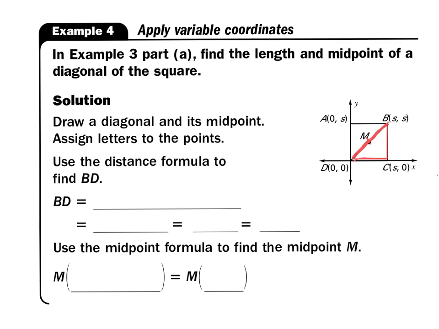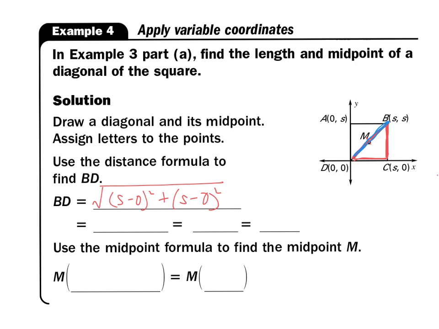So if you recall, if I use the distance formula, it should be s minus 0 squared, and because it's a square, the other one is also s minus 0, so that will give me the distance between B and C. If I square both legs and then take a square root, I would get the length of my hypotenuse, which is BD.